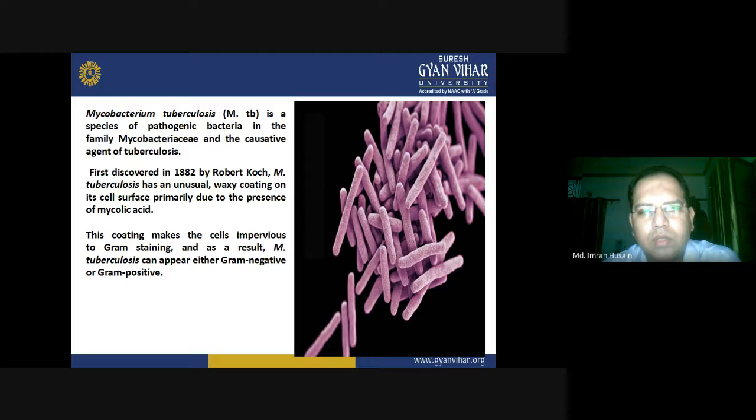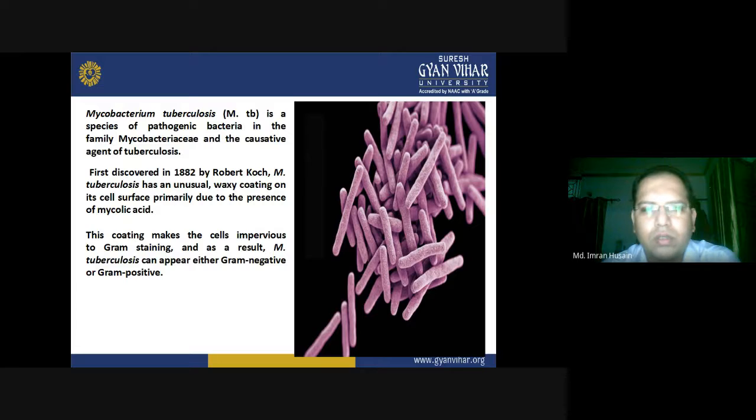Mycobacterium tuberculosis has an unusual waxy coating on its cell surface, primarily due to the presence of mycolic acid. It was first discovered in 1882 by Robert Koch when he was studying in his laboratory, and these bacterial colonies have an unusual waxy coating, and that is due to the presence of mycolic acid.